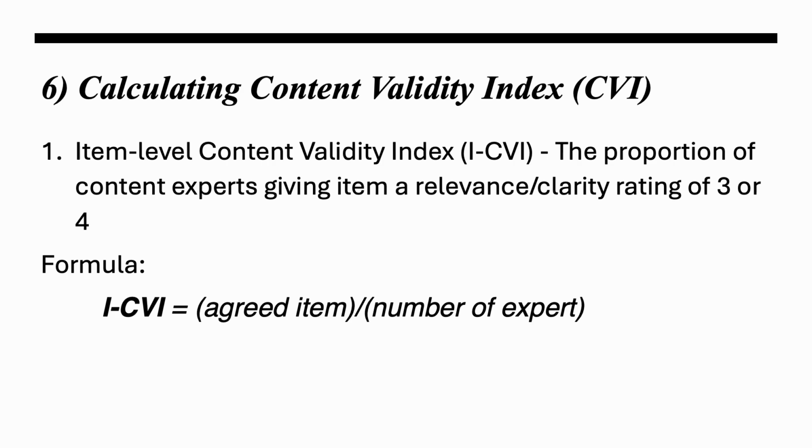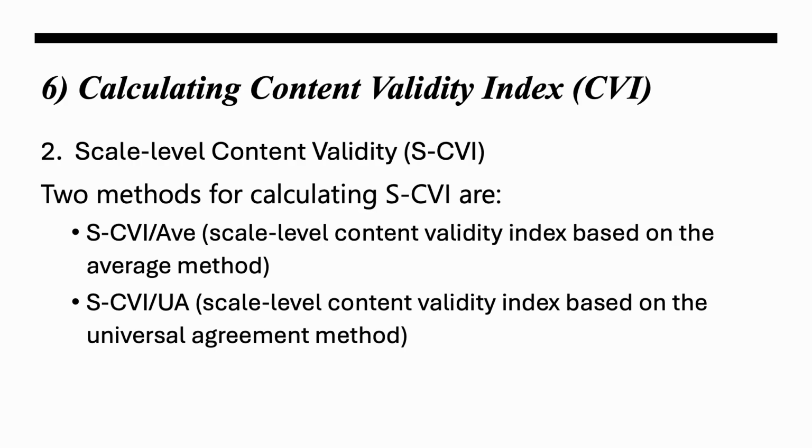The Item Level Content Validity Index, I-CVI, is the proportion of content experts giving an item a relevance or clarity rating of 3 or 4. Scale Level Content Validity, S-CVI. 2 methods for calculating S-CVI are S-CVI/Ave, Scale Level Content Validity Index based on the average method, and S-CVI/UA, Scale Level Content Validity Index based on the Universal Agreement method.